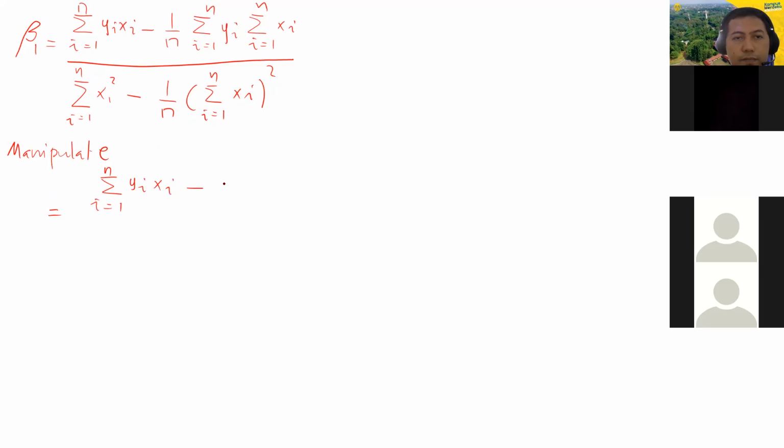This term will be the average. You remember that this is just for a case that 1/n sigma i = 1 sampai dengan N y_i itu sama dengan rata-rata dari Y. Gitu. Makanya we can write thing like this.